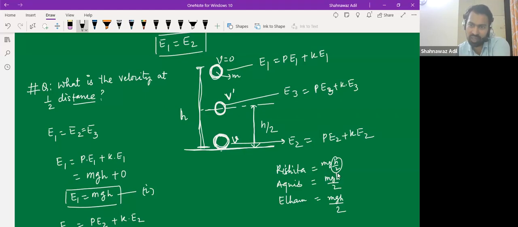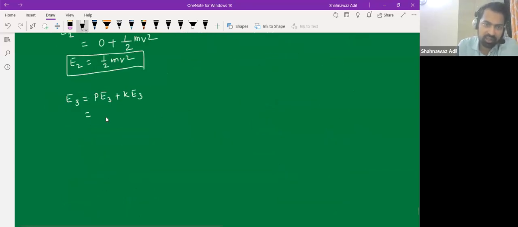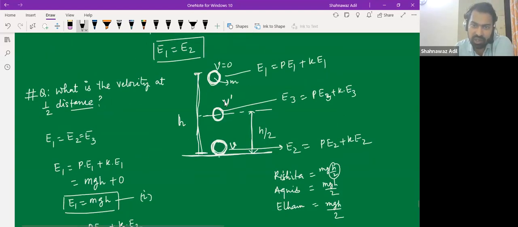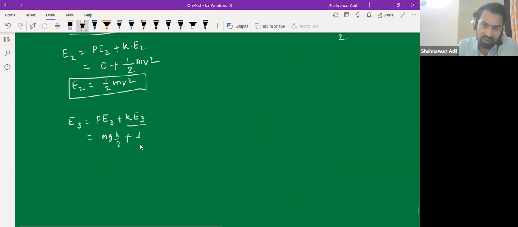Force is mg and height is h by 2, so mgh by 2. And the kinetic energy at this point will be due to this velocity v prime. We know the definition of kinetic energy, so that would be half mv prime square. Understood, everyone?